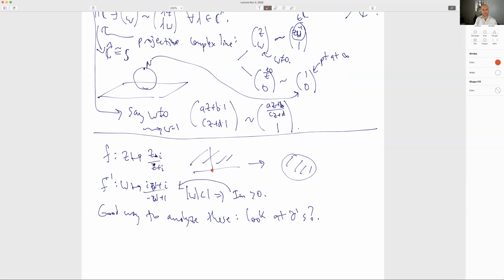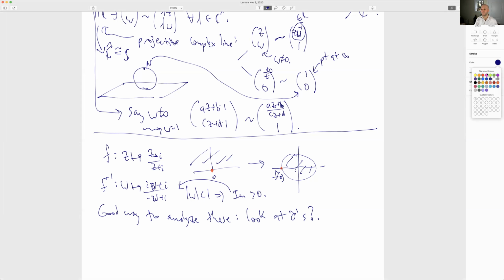Where does 0 go under this map? Zero minus I over 0 plus I is negative I over I. Yeah, so this is negative 1. So this is f of 0.